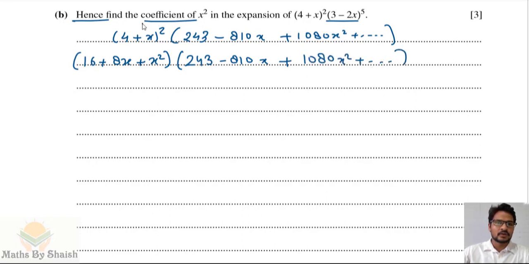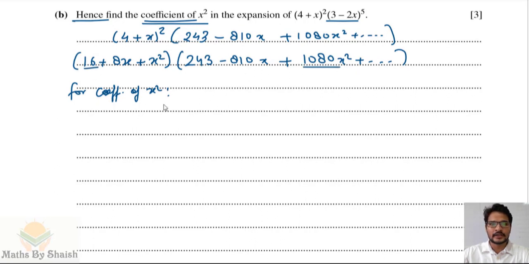Now we only need the coefficient of x square, so we'll write for the coefficient of x square. We are going to multiply. We can choose by what number we need to multiply. 16 into 1080. So we will get x square. So 16 into 1080 is 17280x square. And when you multiply 8x and minus 810x, then also we'll get x square.